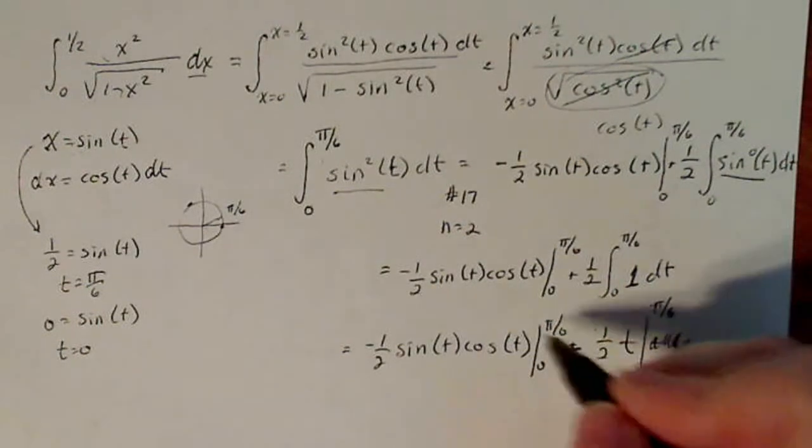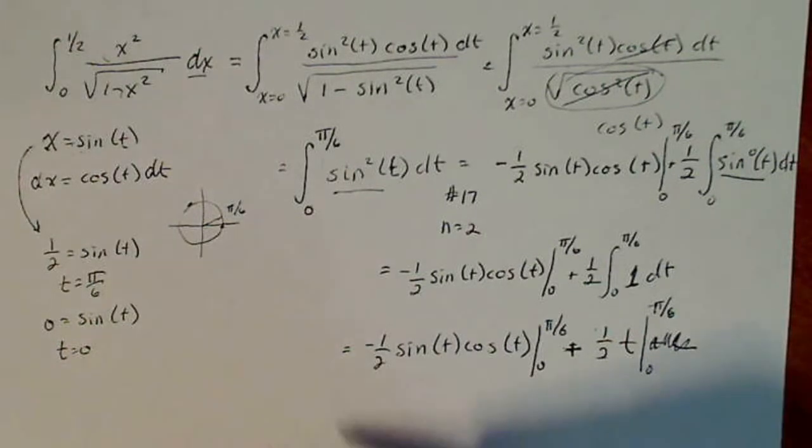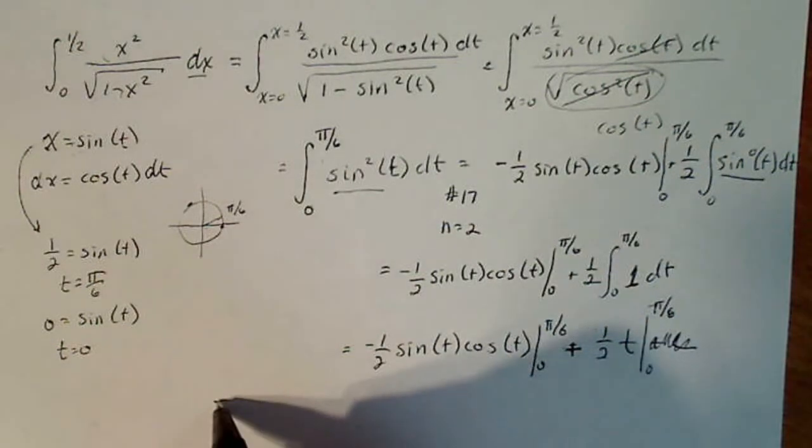Okay, this is a 6. Now, let's keep going. I think actually I can plug in my limits as is. So let's just be real careful and use the fundamental theorem right, and it should come out.